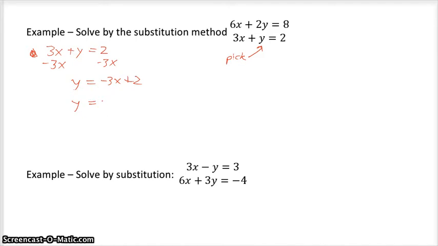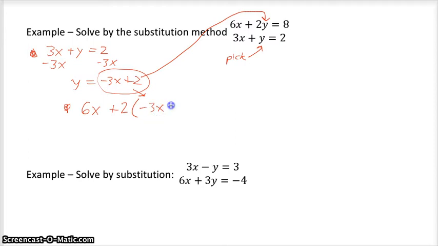So now I have this solved for y, so I'm going to take this first equation and replace y with what it's equal to. So I have 6x plus 2 times y. Well, y was this whole thing, so I'm going to replace it.